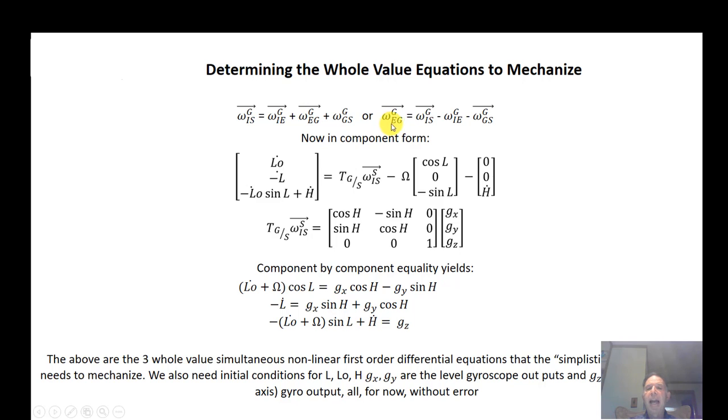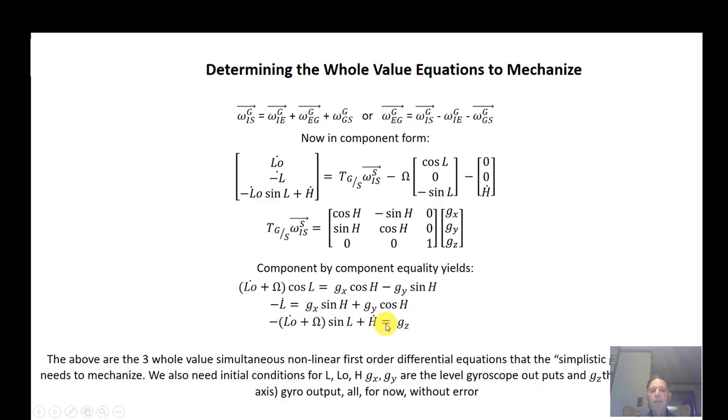So saying that the angular rate of the geographic frame with respect to the ECEF expressed in geographic coordinates equals these angular rates due to attitude rate and earth rate and geographic rate, we can now express the previous equation we had of the geographic rate plus attitude rate as such and do the transformation about heading and obtain a component by component equality, which essentially gives these sets of three whole value, simultaneous, nonlinear, first order differential equations that this simplistic gyro only INS needs to mechanize.